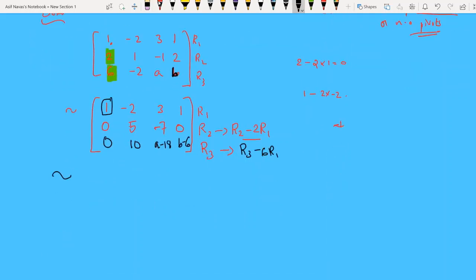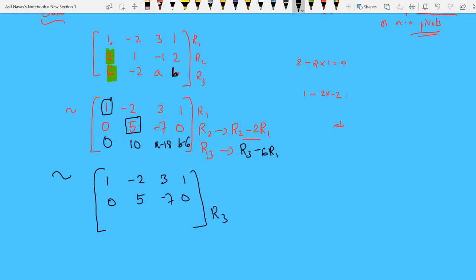And what is the second pivot? This is the second pivot, the first non-zero leading entry. We have 1, -2, 3, 1; 0, 5, -7, 0.